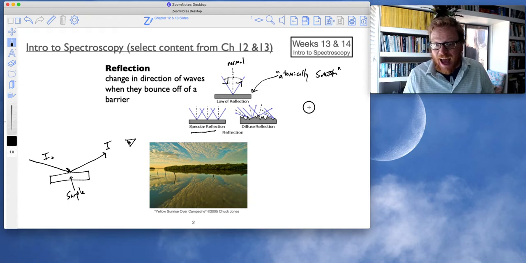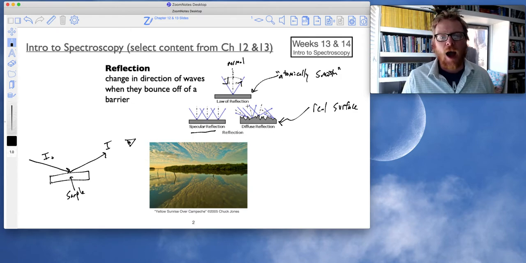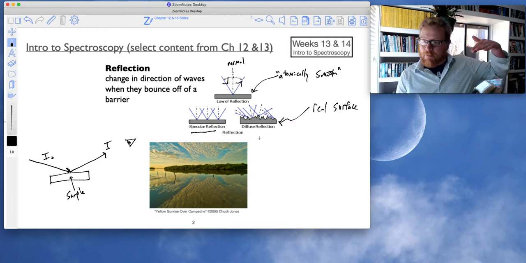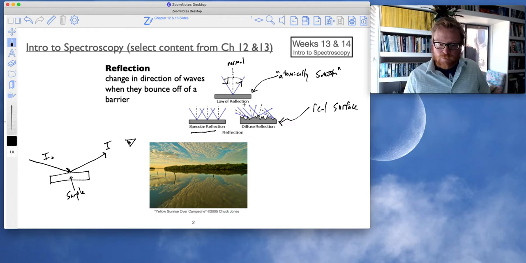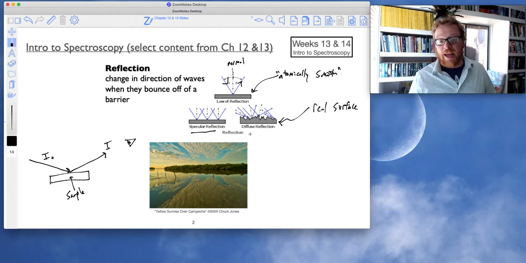Now, when something is not atomically smooth, so I'll call this a real surface, we get what's called diffuse reflectance. And as you can see with this picture here, the dotted line is still a normal line. So we make a normal line about where each photon is reflecting.